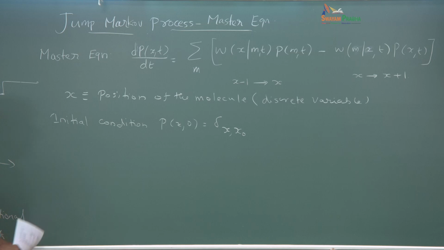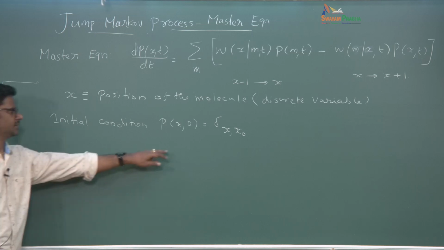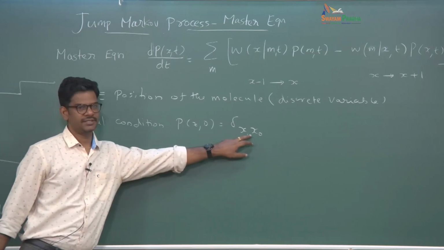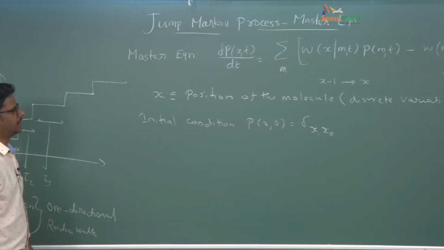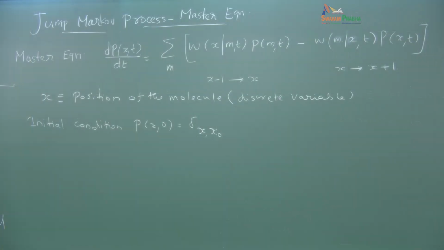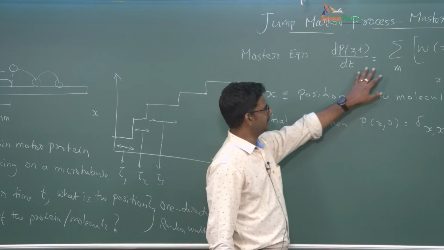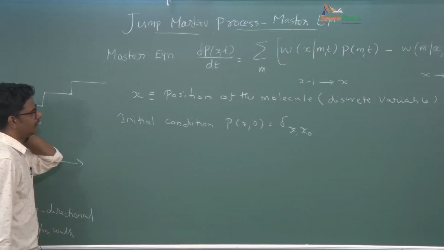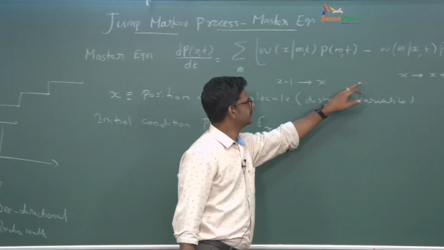So the initial position is a delta function that it is starting at x naught. Okay. So the initial condition we have got, the random variable we have got, and now we have to write this only for these two events.